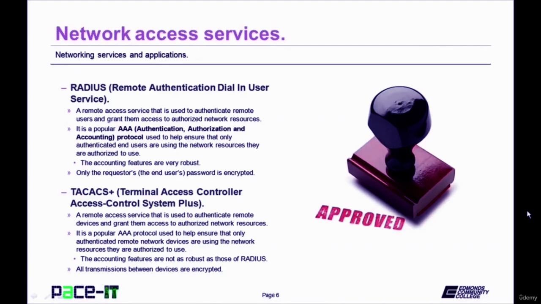It's used to help ensure that only authenticated end users are using the network resources they are authorized to use. The accounting services of RADIUS are very robust. The only drawback to RADIUS is that only the requester's, the end user's, password is encrypted. Everything else gets sent in the clear.